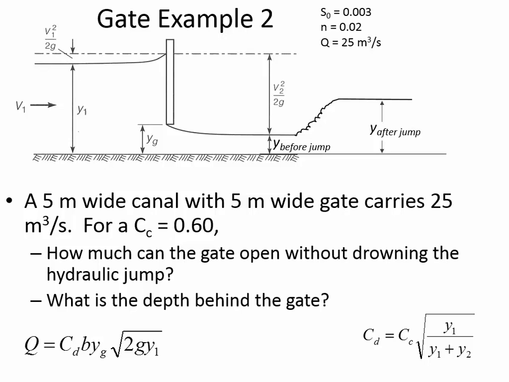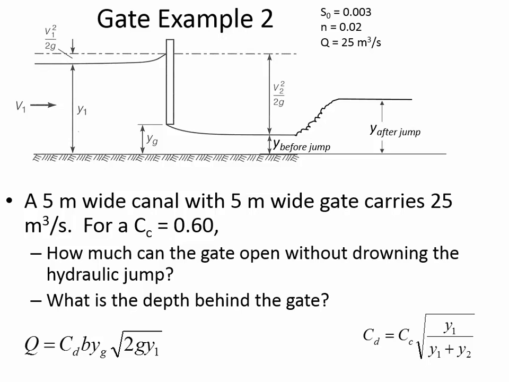All right, so first of all, the normal depth. We're going to use Manning's equation for that. Q is equal to 1 over n, area to the 5/3, wetted perimeter to the 2/3, slope to the 1/2. This is a rectangular channel, so that makes it a little bit easier for us.